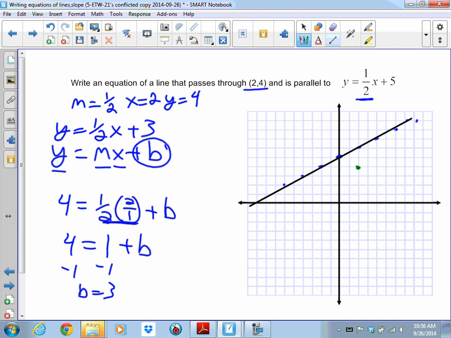Now we know it has the same slope, so I can do the same thing: up 1 over 2. And you can notice that this line, the green line, is crossing at a positive 3. So this does work out. It's a line that's parallel. I know those don't look perfect, but they are parallel, and it goes through positive 3 on the y-axis.